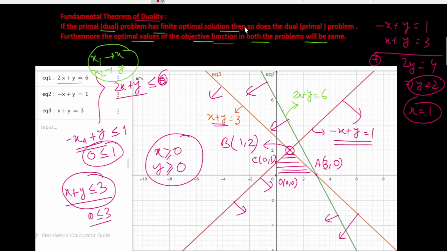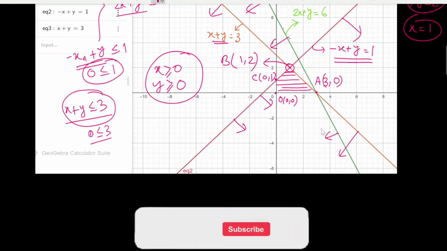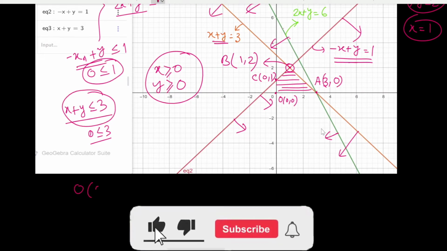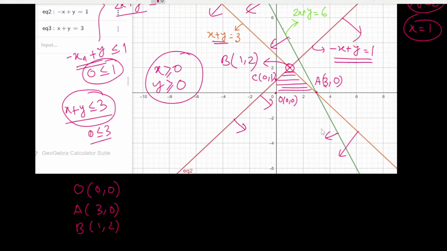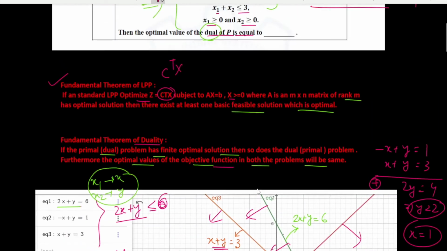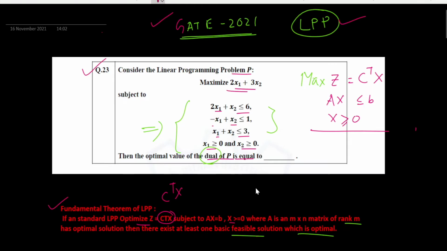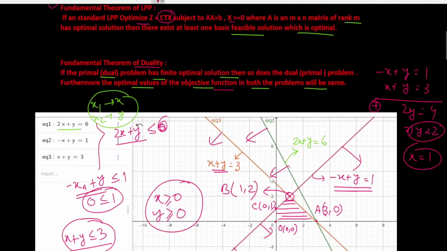So the four extreme points are first O 0 0, then A 3 0, then B 1 2, and then C 0 1. The optimization function is 2x1 plus 3x2, that is 2x plus 3y.